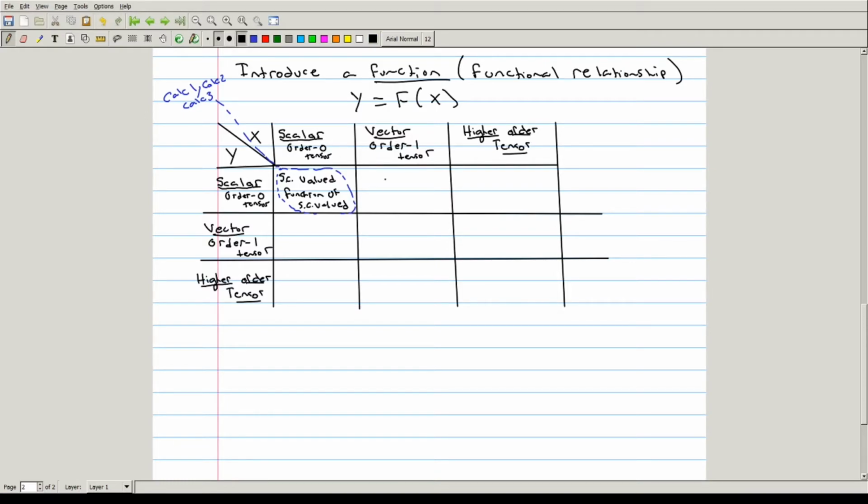If the domain is a vector, and it's going to a scalar, it's a scalar valued function of a vector valued variable. This is the realm of multivariable calculus.